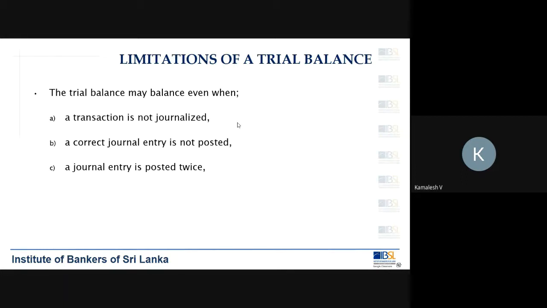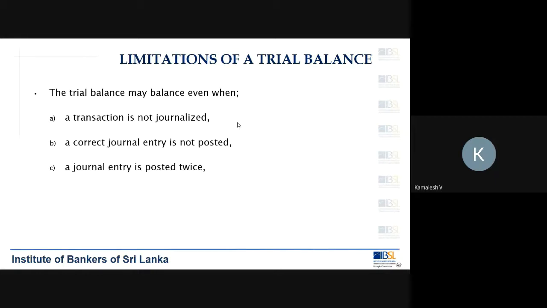So what do all these do? Even with all these problems, when you extract a trial balance, it will still balance, isn't it? Where you do not journalize or post a transaction, because the debit and credit both are not posted, or when you post a transaction twice, still the trial balance will balance.